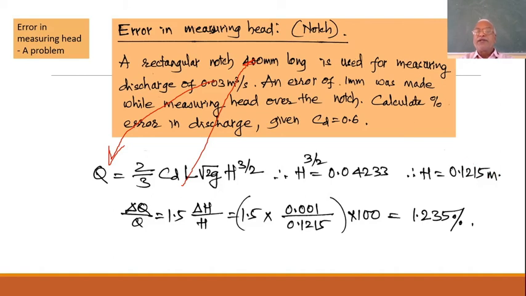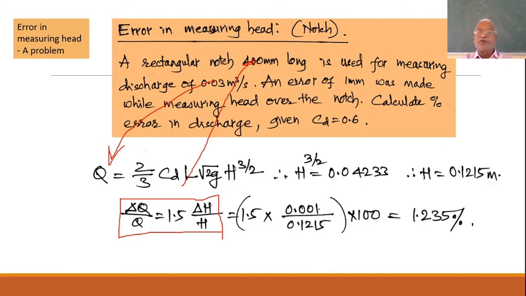Now, but they have said that 1 millimeter is the error. Now, if I remember that equation, delta Q by Q is equal to 1.5 delta H by H, or dH by H. Now, what is the error that is made here?